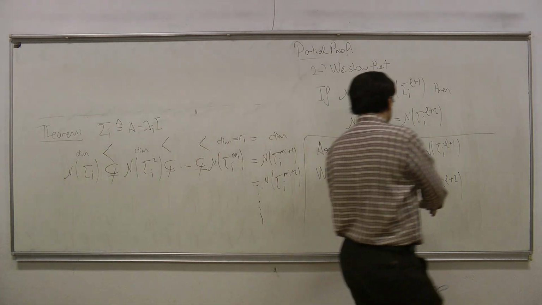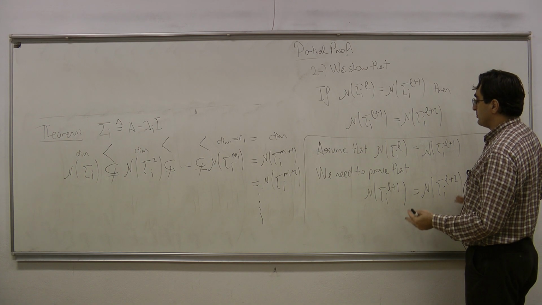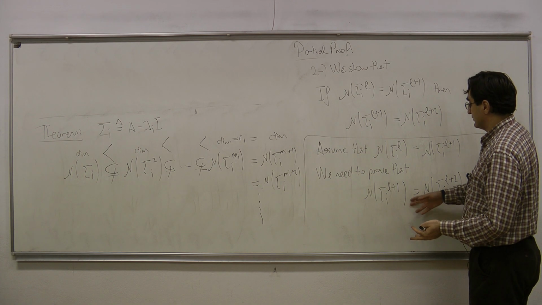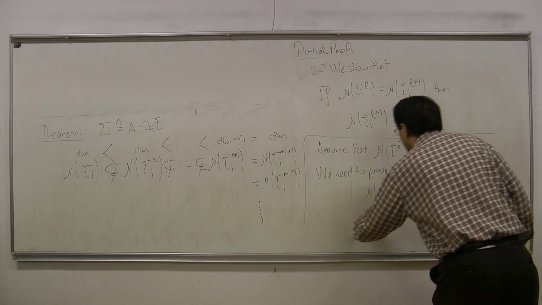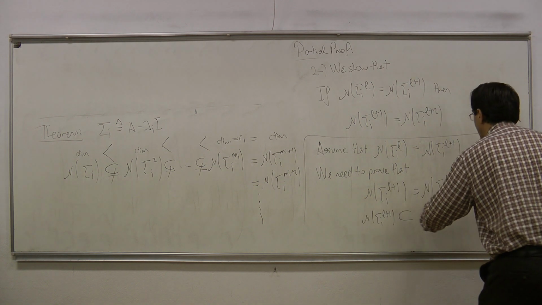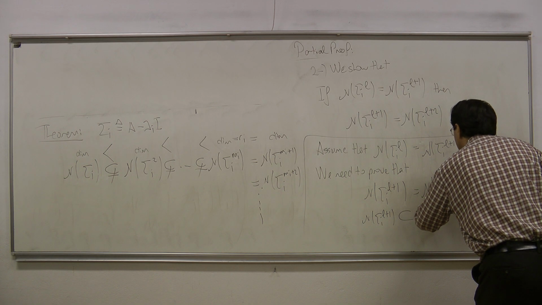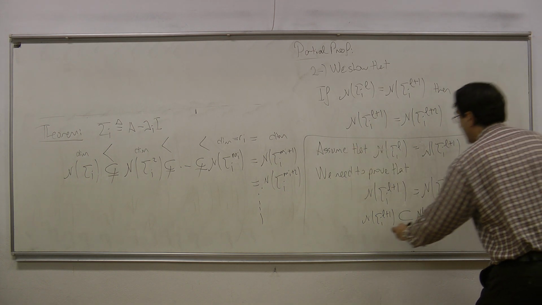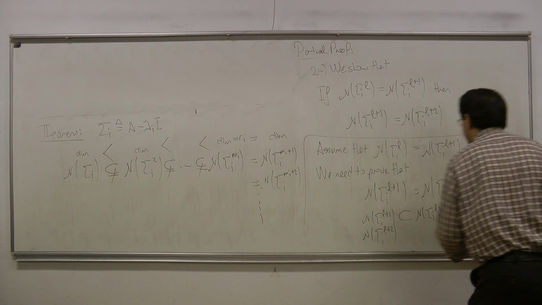Now this is a subspace equality. We know that we can prove subspace equalities in only a single way. I need to show that the null space of sigma I to the L plus 1 is a subset of the null space of sigma I to the L plus 2 under this assumption, and I need to show the reverse subset relationship.